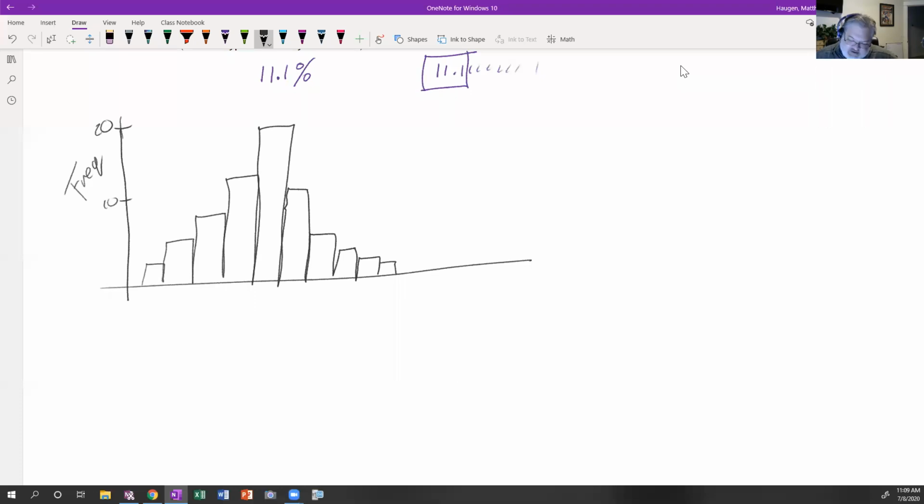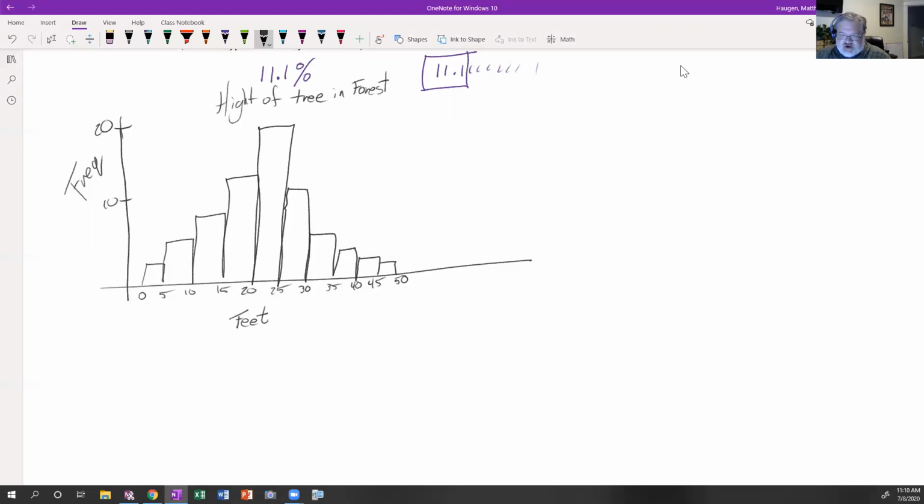And let's say along the bottom here is, say, feet. And we go all the way from 0 feet, 5, 10, 15, 20, 25, 30, 35, 40, 45, and that maximum there, 50. And let's say this is the height of a certain type of tree, or tree in some particular forest, doesn't matter.